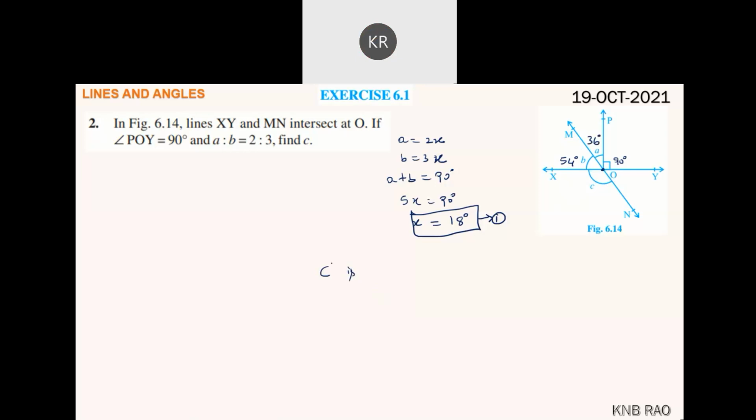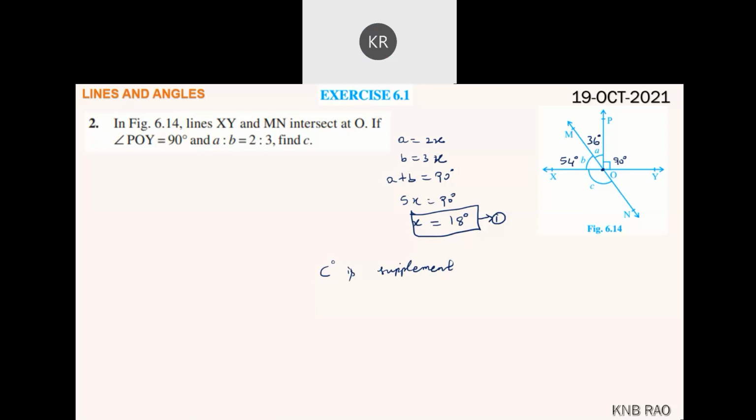Sir, here can vertically opposite angles come? No, sir, they can't come. Vertically opposite angles would mean you find angle YON. It is not needed here, sir. See, MN is a line and ray OX stands on line MN.